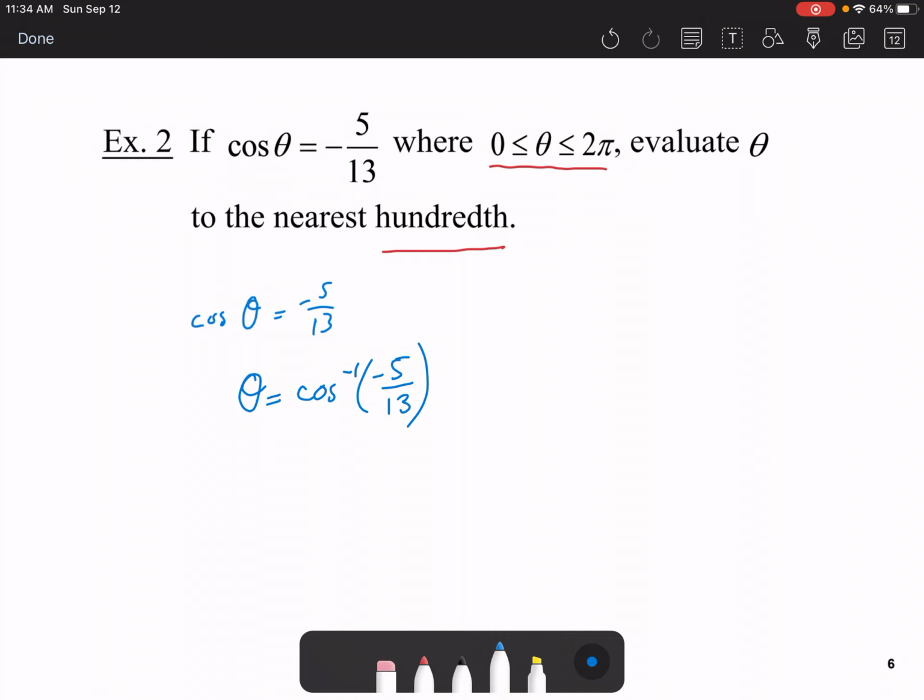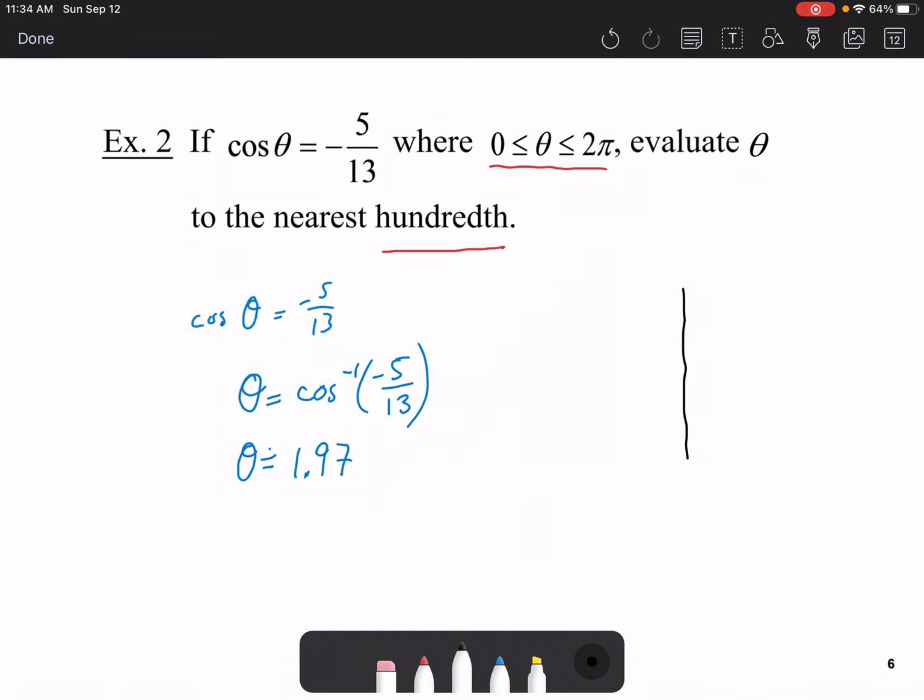Now, some people prefer to use positive 5 over 13 to find the related acute angle. I'm fine with finding cosine inverse of -5 over 13. Sometimes they'll actually give you the exact answer that you need. So I'm going to calculate this, and I find out it's about 1.97.